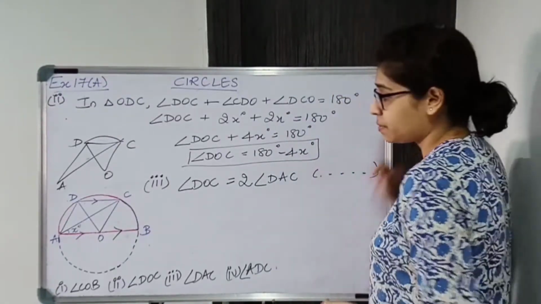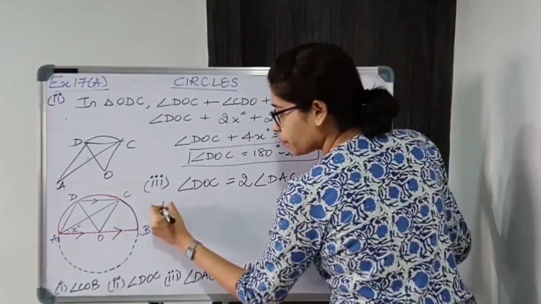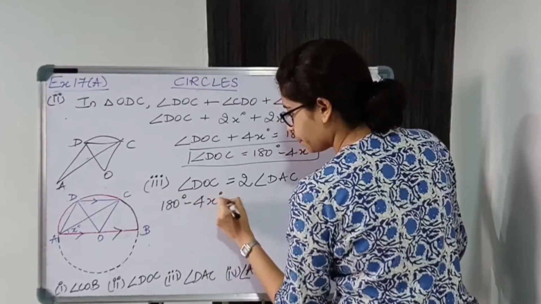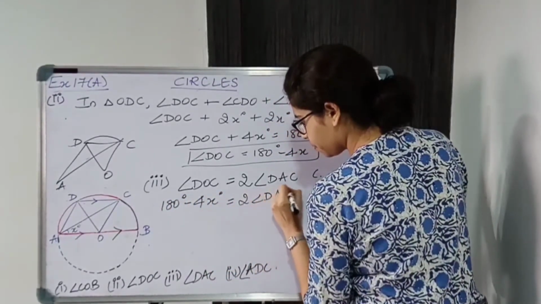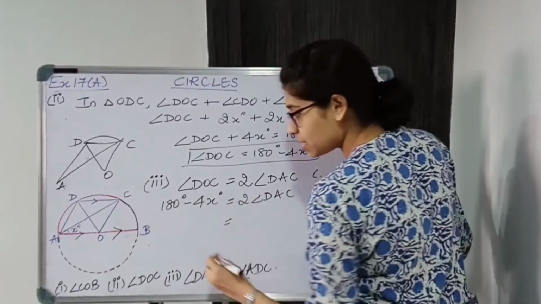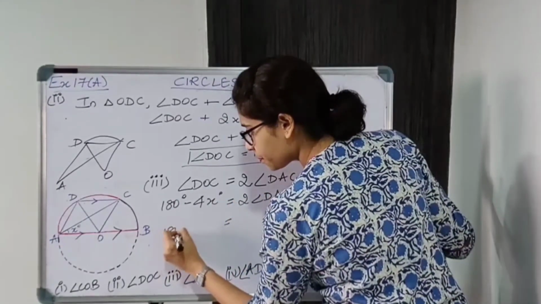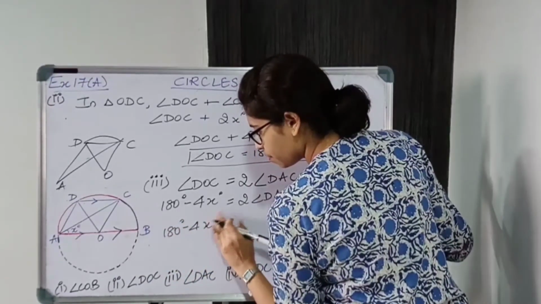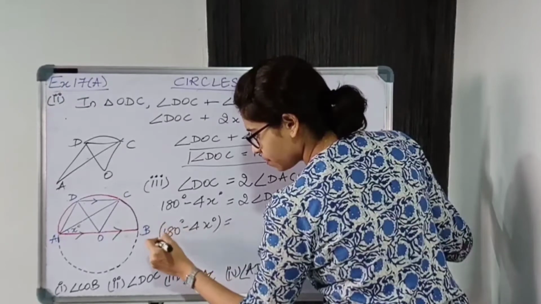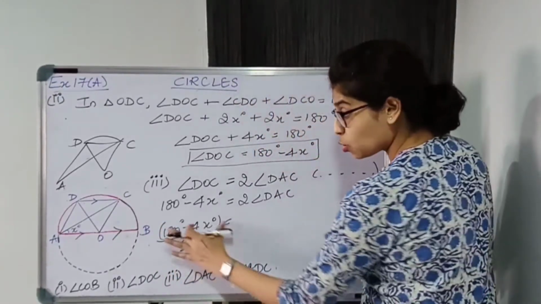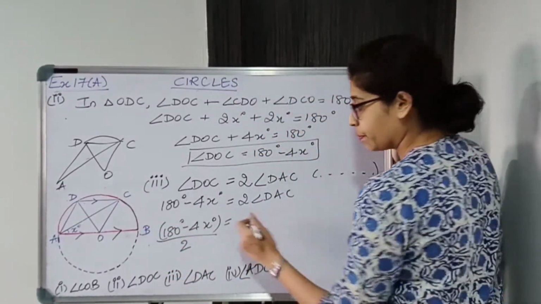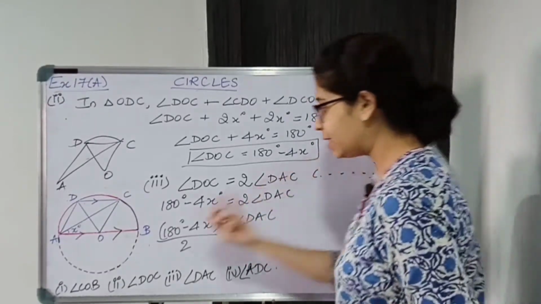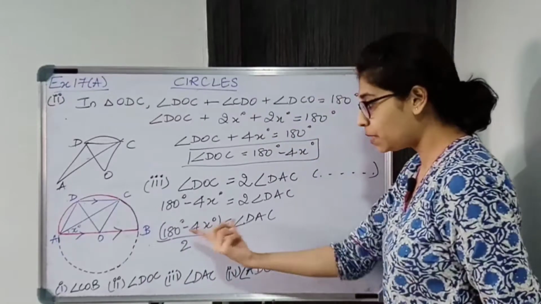Now students, this is the value, I know it is 180 minus 4x. Okay, so I'll shift 2 on the other side. So what will happen? 180 minus 4x upon 2, this whole thing upon 2, is equal to angle DAC. So I'll divide each of these by 2. I'll split.